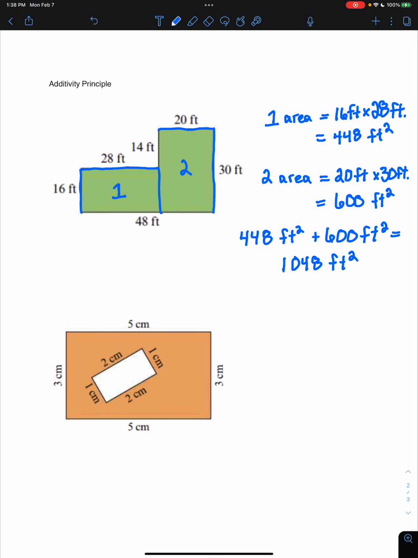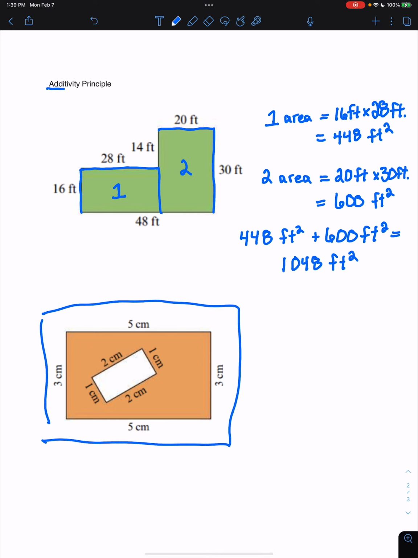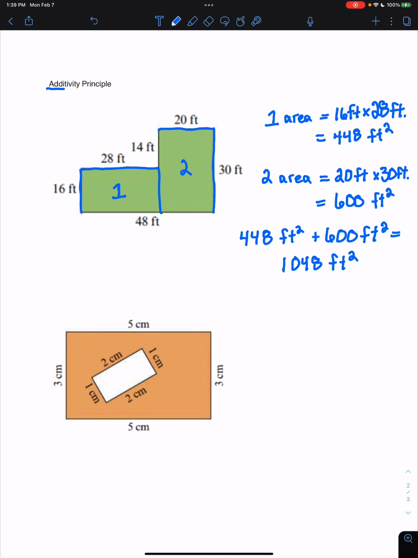Another thing we can do with the additivity principle, I know it sounds weird because the add is in the word additivity, but we can also call it the subtractivity principle. For example, in this shape here at the bottom of my screen, we are going to take the whole area of this rectangle, and then we want to know the area of the orange part.